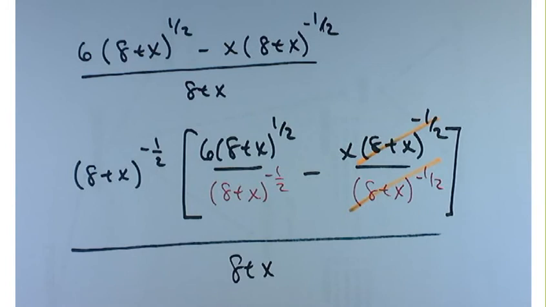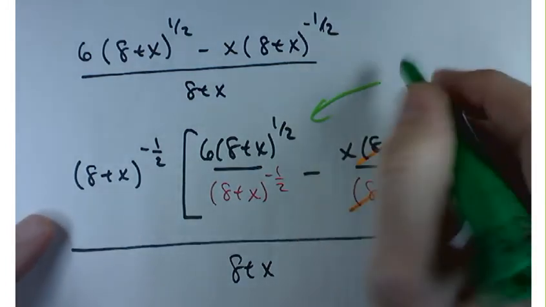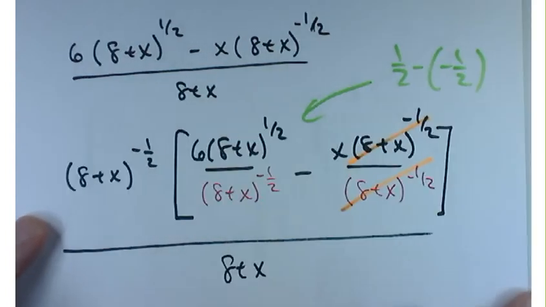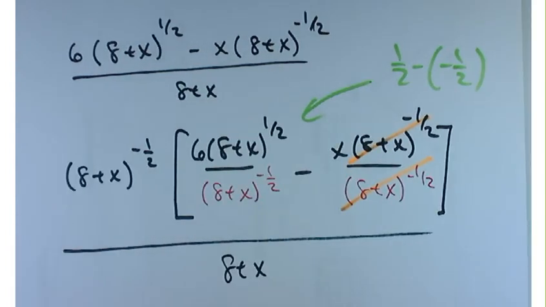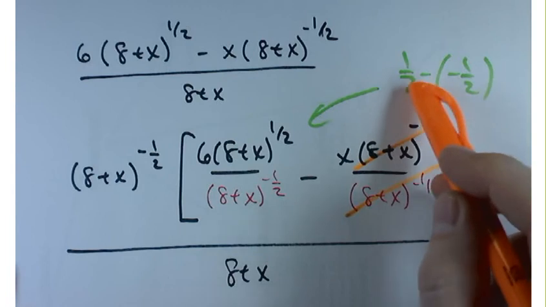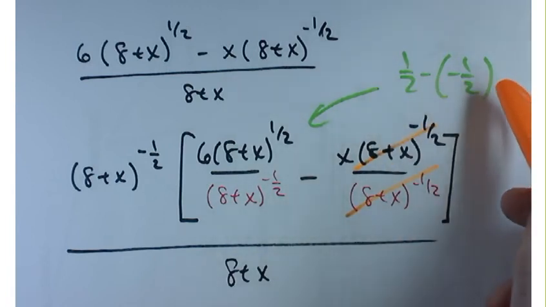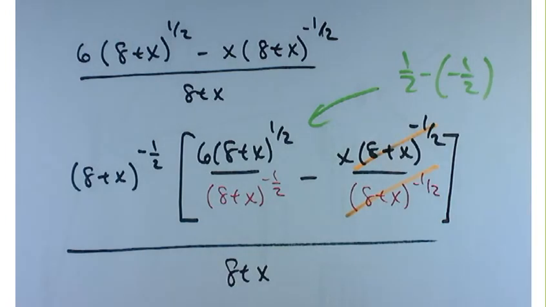So the question is, right here, what do I get when I take 1/2 minus negative 1/2? What does that give me? Well, that becomes a plus, right? So 1/2 plus 1/2 gives you 1. Nice. So what am I left with then?